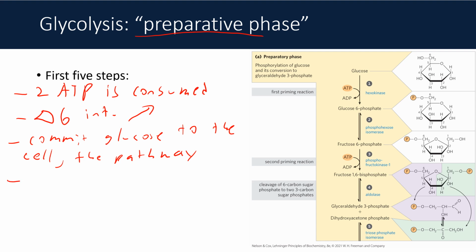And we conclude our investment or preparative phase with making 2 glyceraldehyde 3-phosphates, or G3P for short.